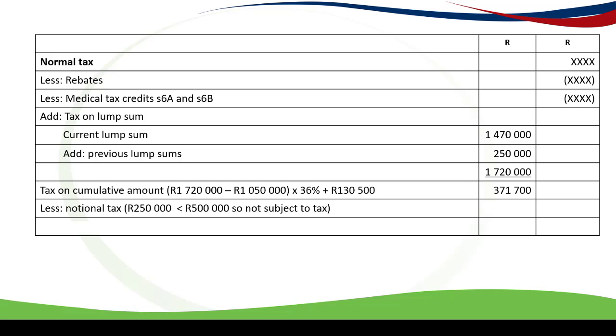You can ignore the amount of tax that was given to you in the question, because the Act says to us that we must calculate a notional tax using the current lump sum's applicable tables. So there was no tax on the 250,000, so we can't minus anything from the 371,700, which means that that is the tax on the current lump sum, and we'll add that to the normal tax less the rebates and the medical tax credits, and that will give us a total tax liability for this taxpayer for the current year of assessment.